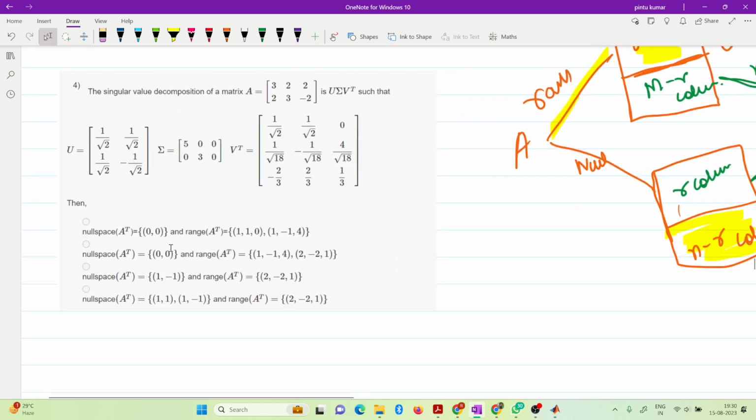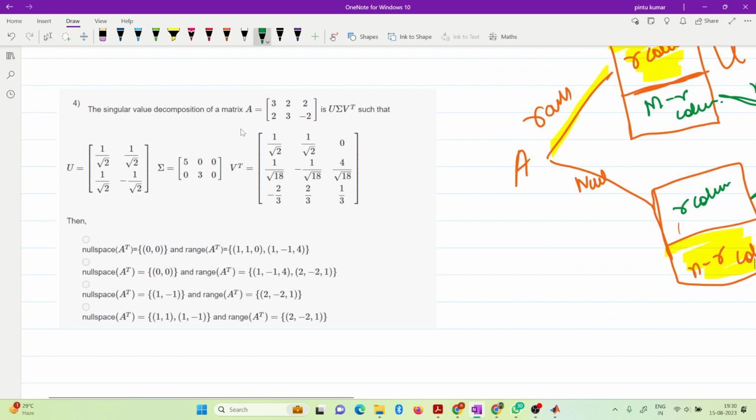What you are given is a matrix A and its singular value decomposition. The first option says that the null space of A transpose is 0, 0. Then you have to find the range space of A transpose.